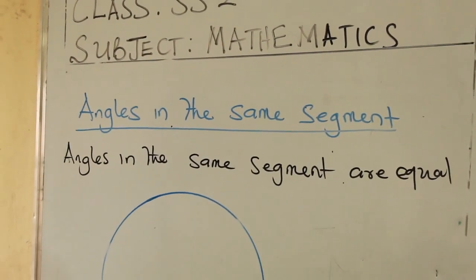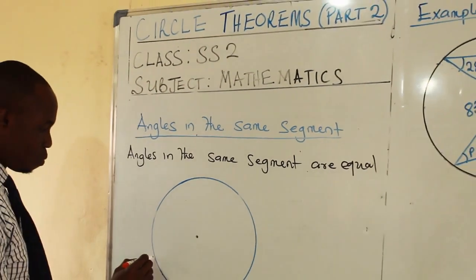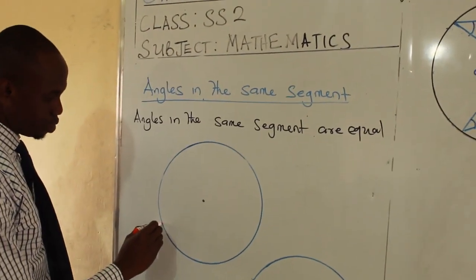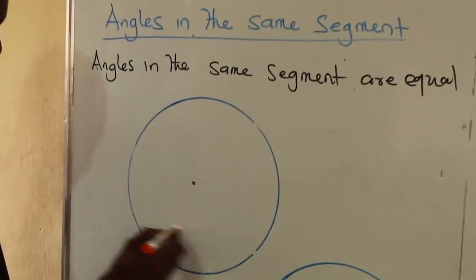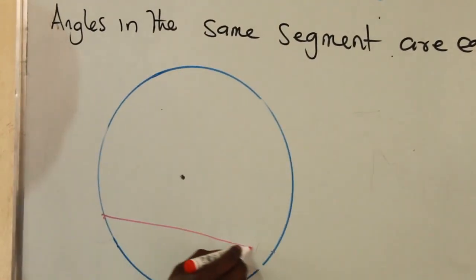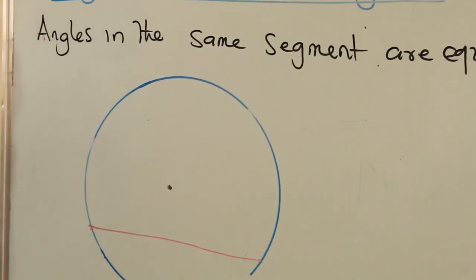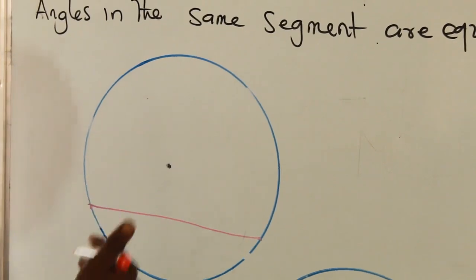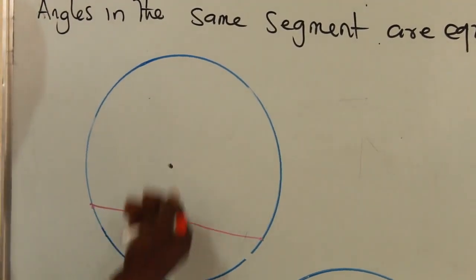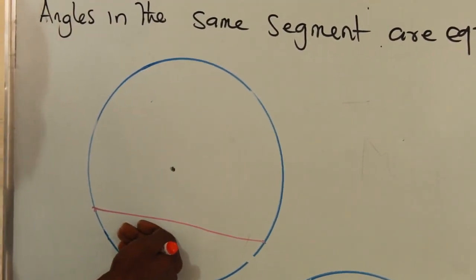We had said earlier that the line drawn from one end of the circumference of a circle to another point is called a chord. And a chord divides a circle into two segments, the major segment and the minor segment.